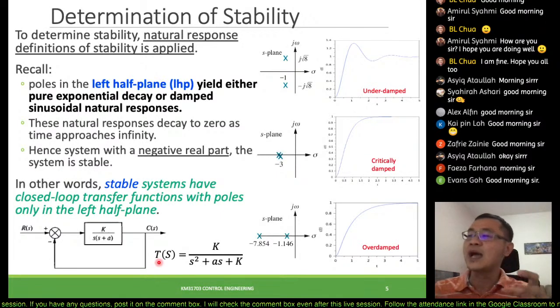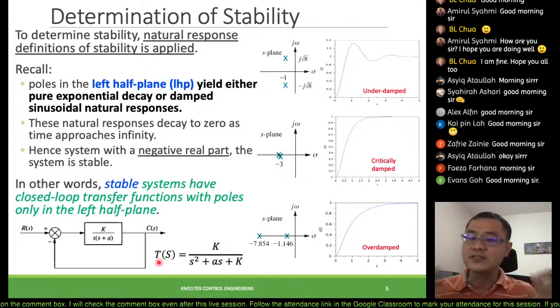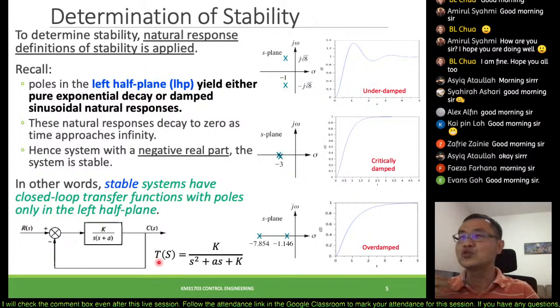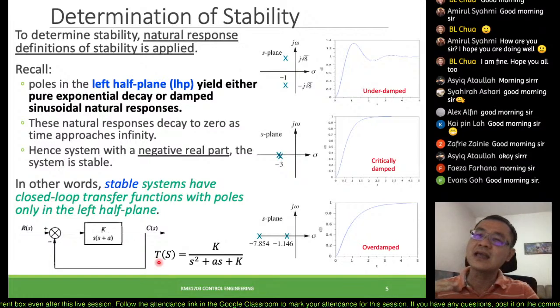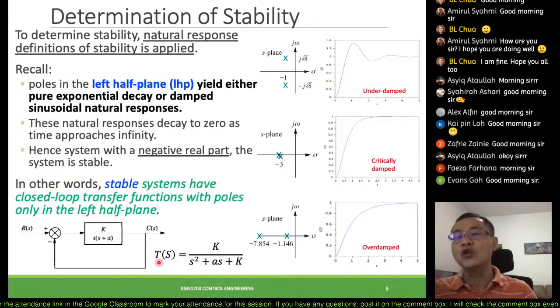This is why we usually need a feedback type of system to help us tune, and at the end of the day, design a control system.